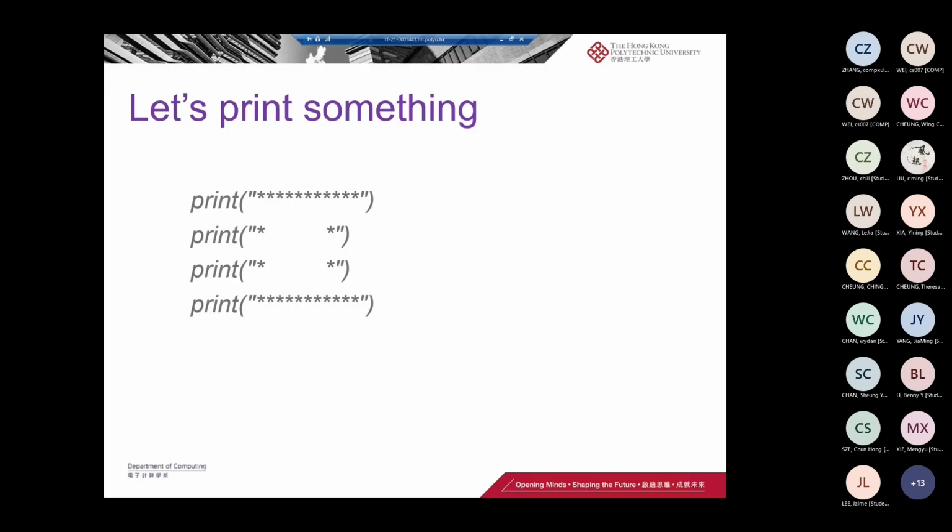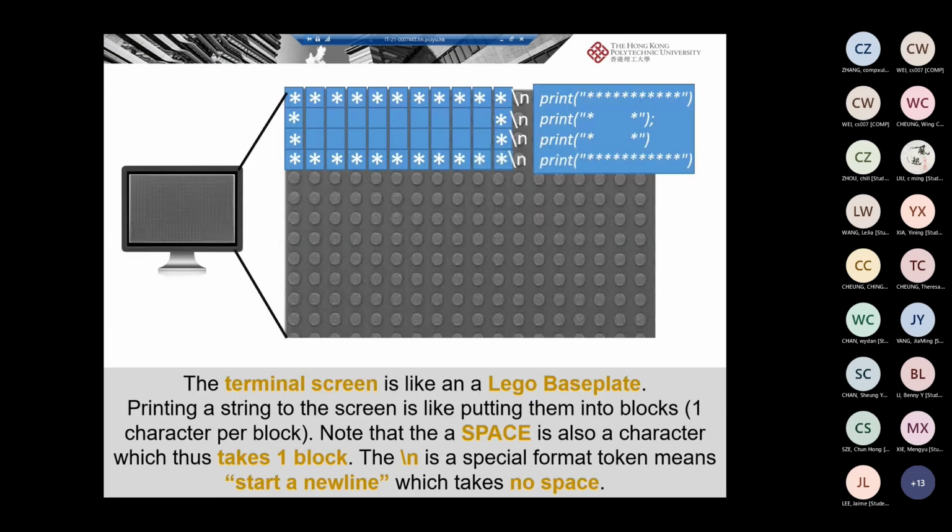Let's go back to where we were. A lot of students have already tried that, and you are supposed to have a rectangle as the result. You see, it's kind of different when comparing the output with the code. In the code, you're seeing something like this, but in the output, you're seeing a perfect rectangle.